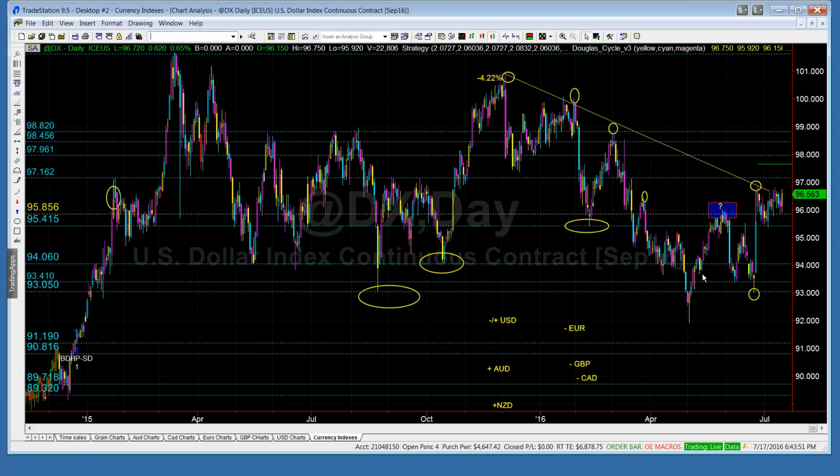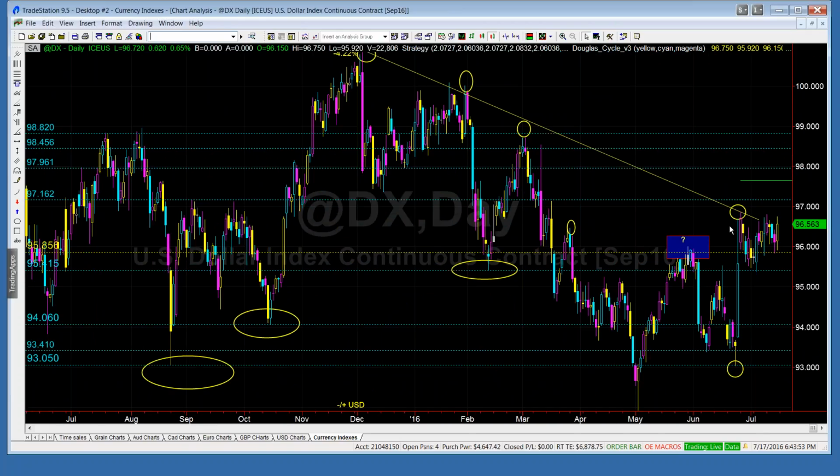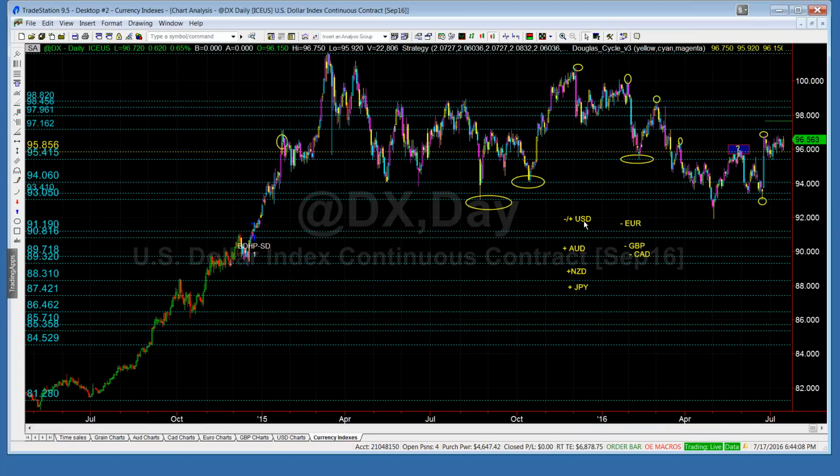As you can see here from the chart, it's pretty much for the last 2 weeks, from 96 to 96.72, going nowhere in a hurry. So as we did last week, we would be neutral to positive for the dollar.